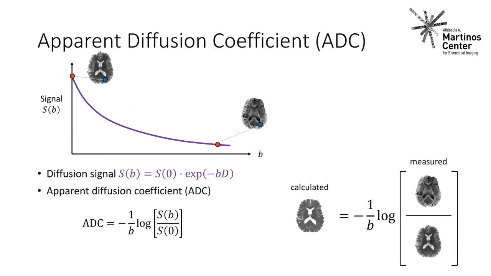But usually we only have 2 measurements. The first measurement is the non-diffusion weighted signal, and the second measurement is the diffusion weighted signal at 1 b value. And then we take the ratio, take the log, divide by the b value, and give it a negative sign, and this is the apparent diffusion coefficient.